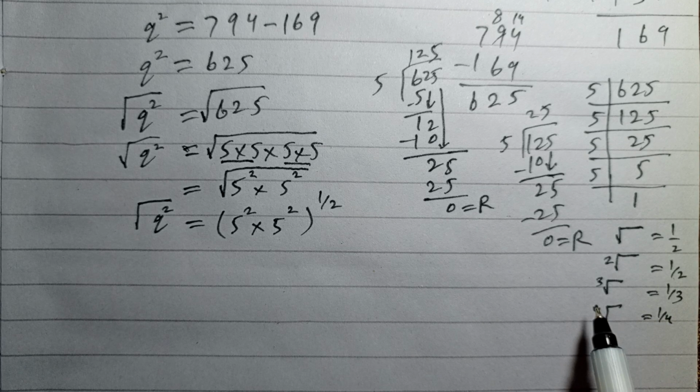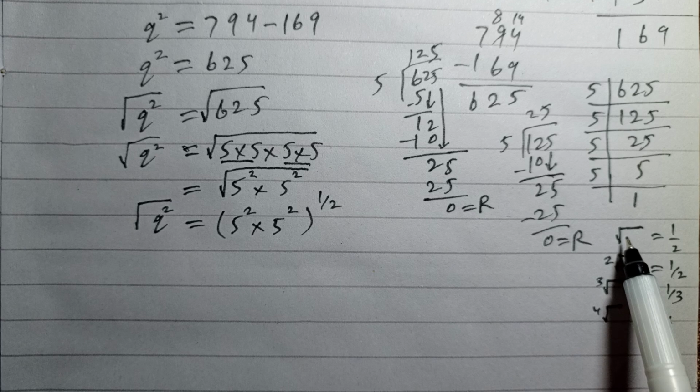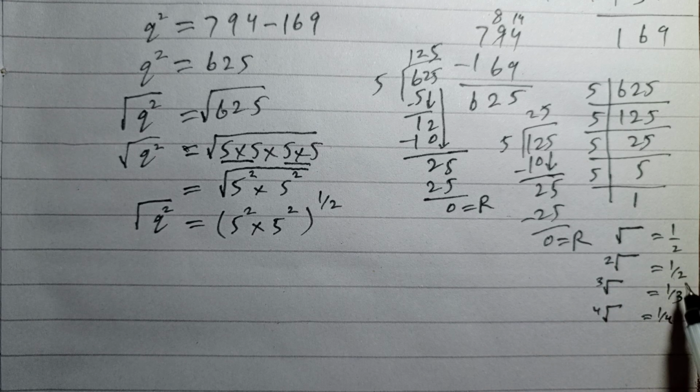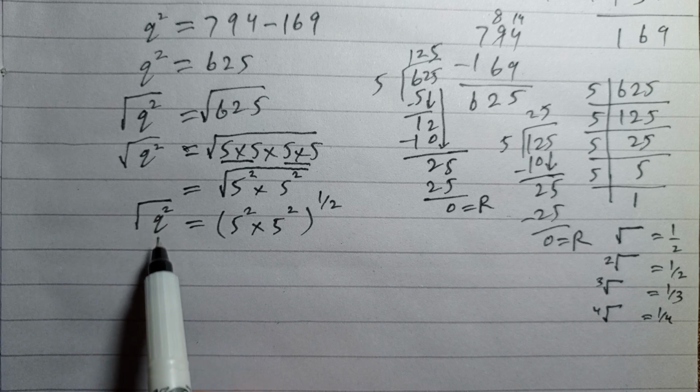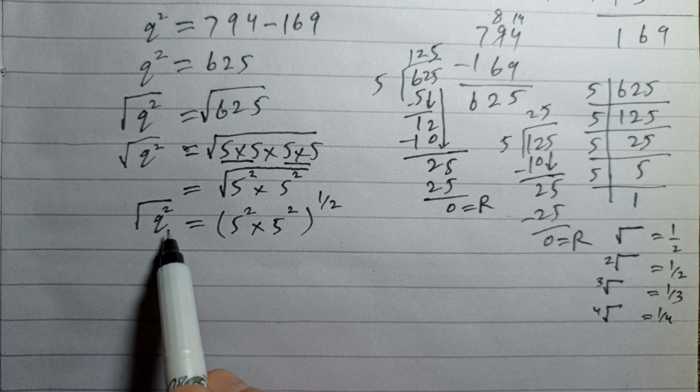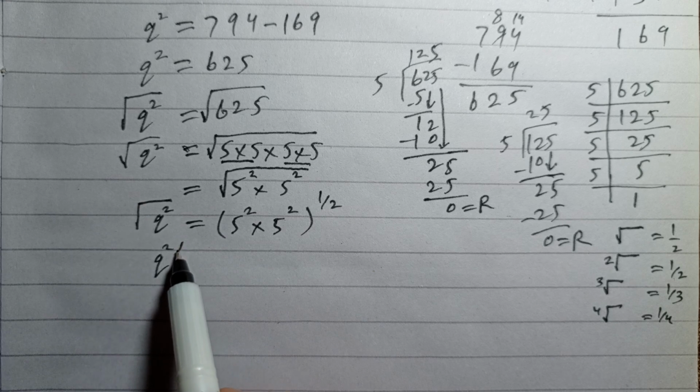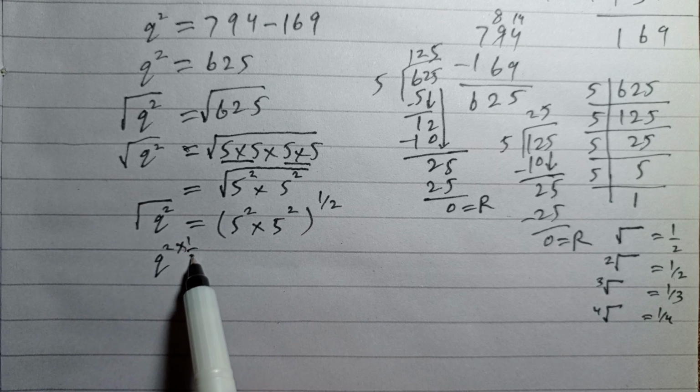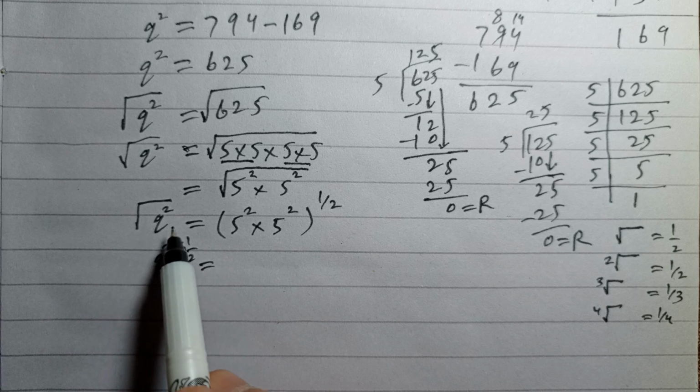In this way, you should understand that these signs mean 1 over 2, 1 over 3 or 1 over 4. So remove this sign as well and square here, and due to this sign you can write here 1 over 2 as power because under root is as power.